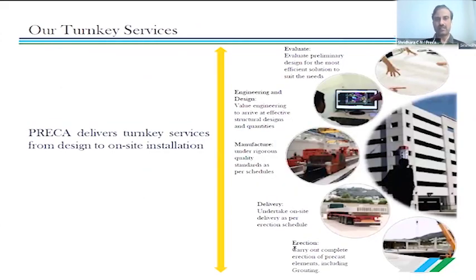Normally, precast vendors take turnkey services from costing to design, manufacture, delivery, and erection of the precast elements. Most people are not interested in taking the overall finishes of the building, and only if the tender requires it will they think of taking the total project.